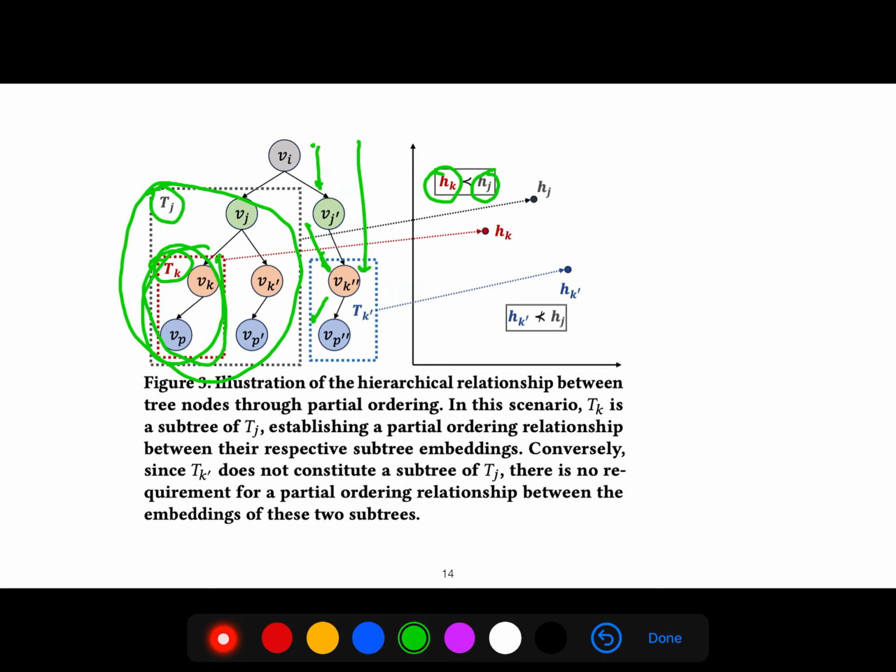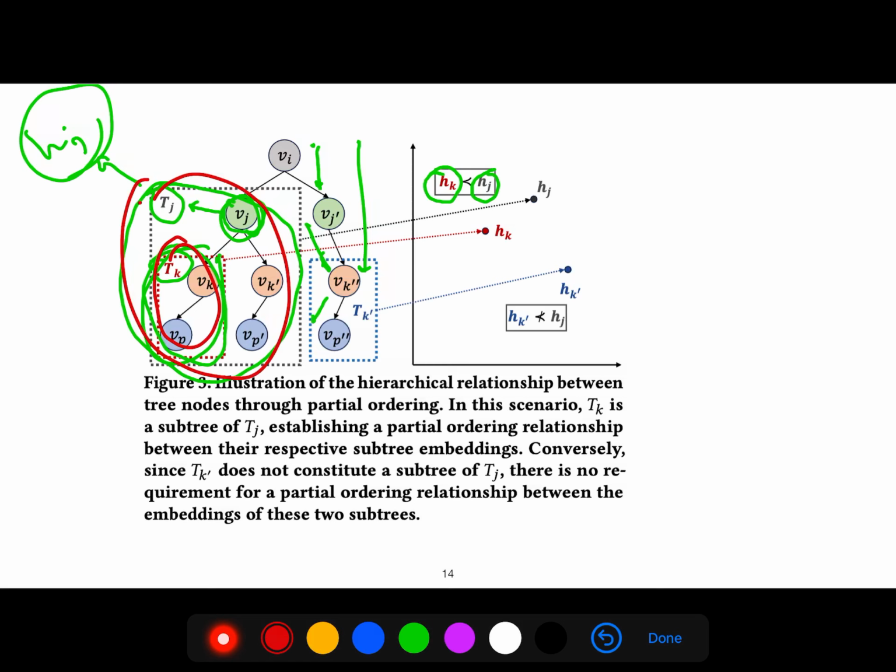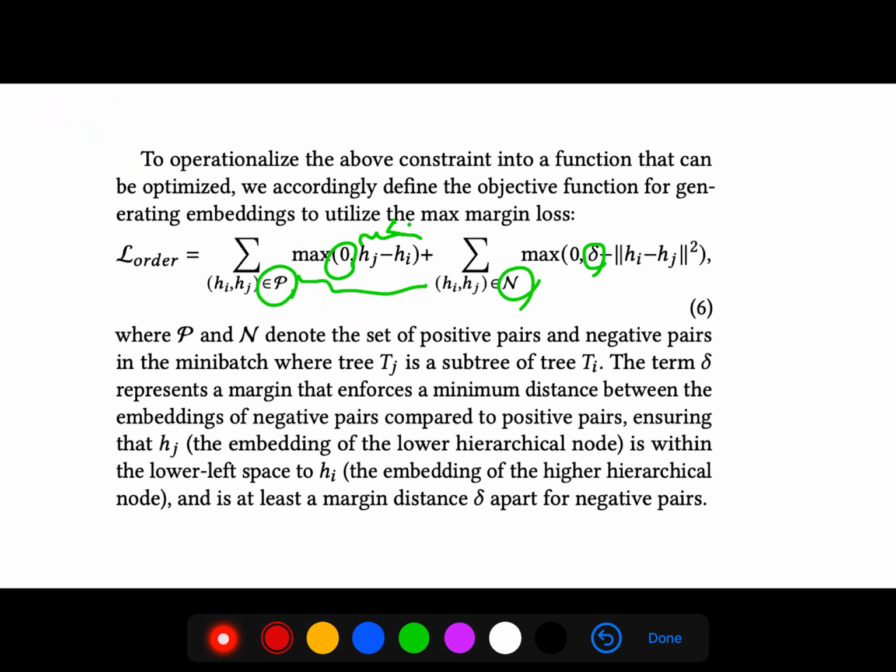For example, the highest node in this sub branch in this box is v sub j. So the corresponding tree is this. So the corresponding representation is at j. So for each node we have a representation, but of course it satisfies this inner nested structure, and we have done this by using this loss.